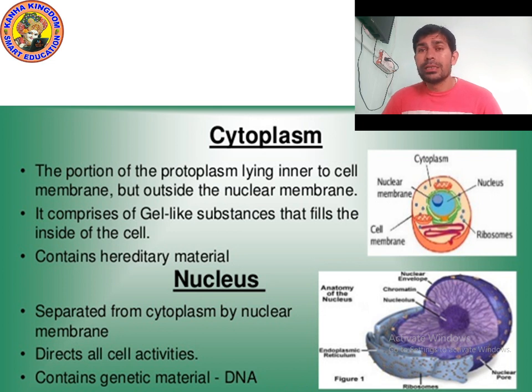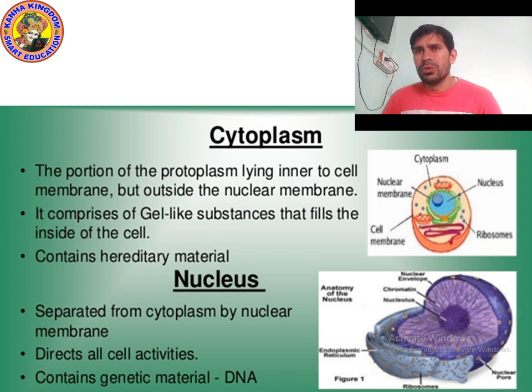Now let's talk about the nucleus. The nucleus is almost at the center of the animal cell, and it is not at the center in plant cell, and it is separated from cytoplasm by the nuclear membrane.